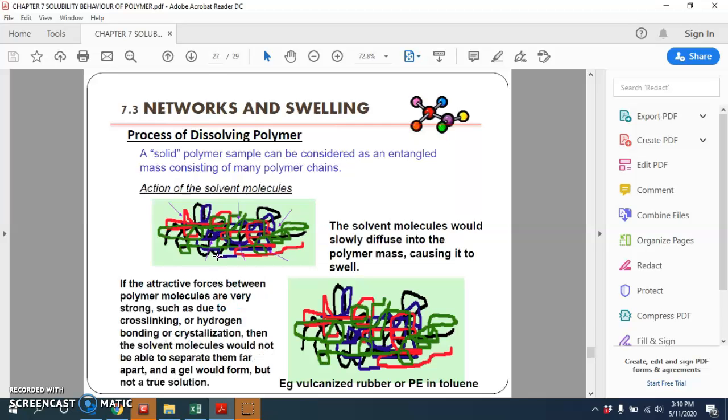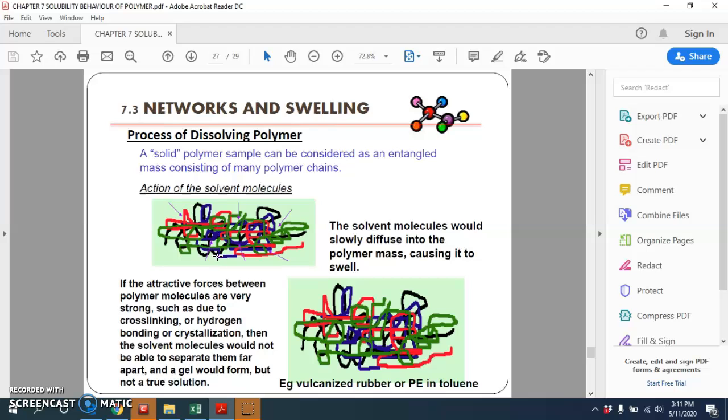Now, the process of dissolving a polymer. A solid polymer sample can be considered as an entangled mass consisting of many polymer chains. The solvent molecules will slowly diffuse into the polymer mass, causing it to swell.